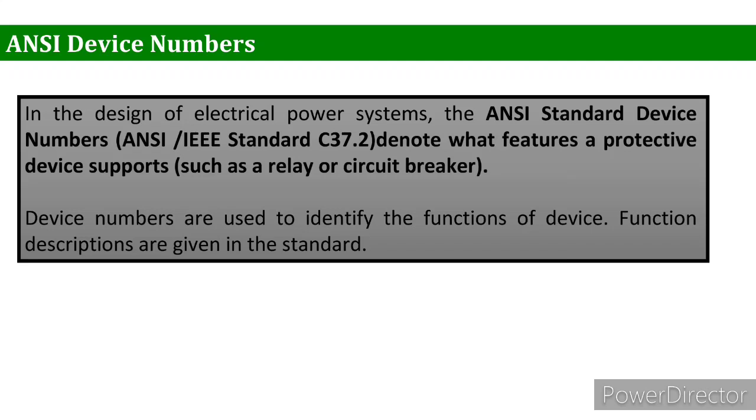Like I said earlier, there are numerous types of devices used for protection, and to cover all of these devices is not possible. So for some of the devices that are used mainly, we will discuss their code numbers, so we can identify them if these devices are installed in any industry.